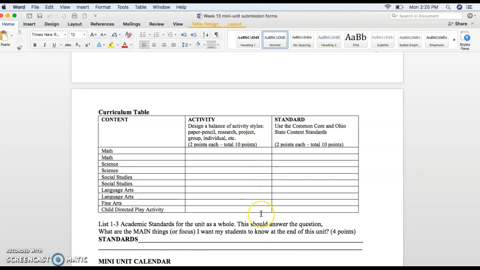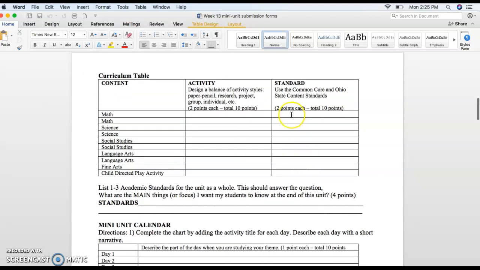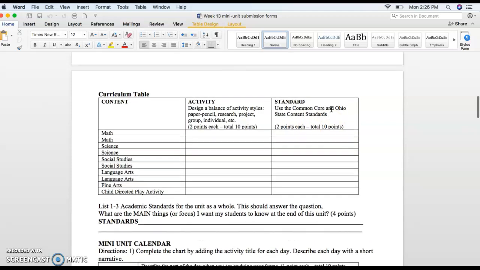You'll have a list of 10. This should say 1 point each. I'm not sure what happened there, but it's pretty easy to tell that if you have a total of 10 points, it's 1 per activity, and 1 per standard. You have to have a standard, at least 1 standard listed there.